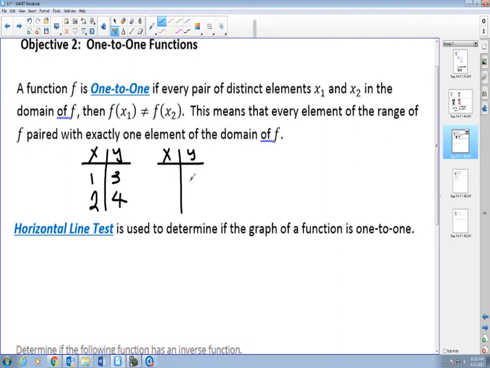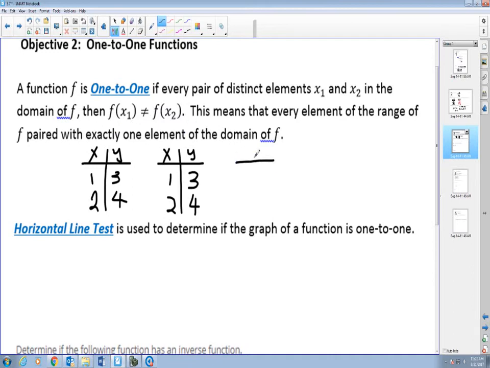So if I have 3 and 4, if every element in the range pairs with exactly one element, that is the same thing as saying the y values cannot be equal.